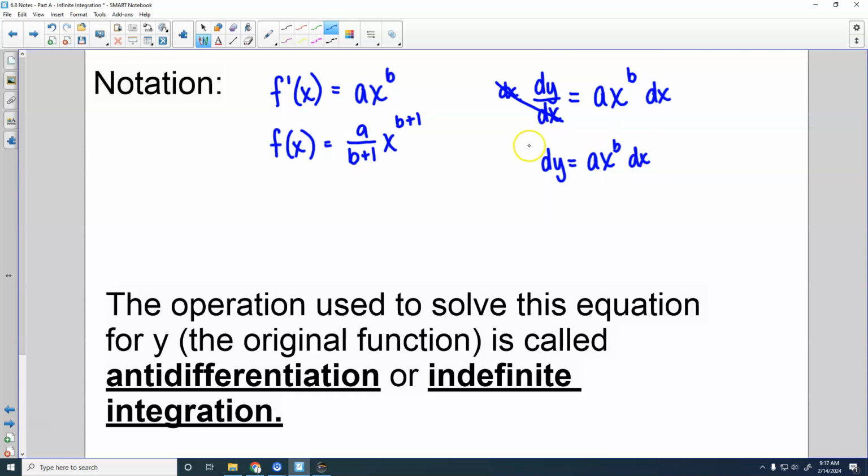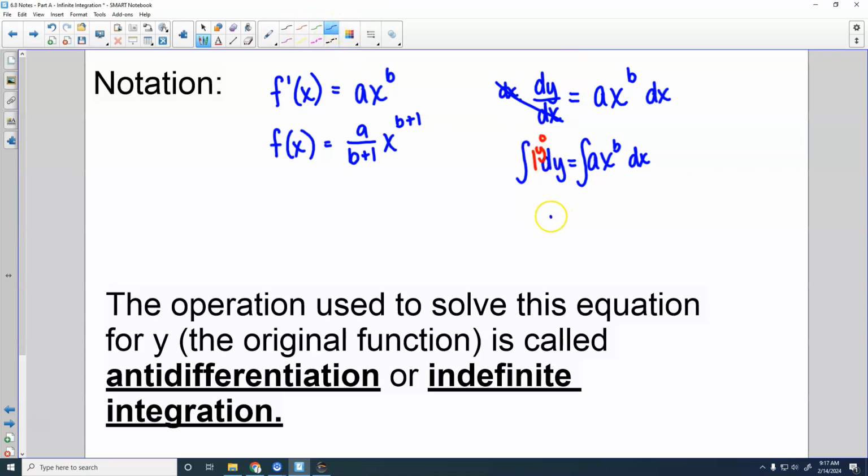And then what I would be doing is integrating both sides of that. And this dy doesn't have anything with it. It's like there's an invisible 1 right there. So we are integrating that left side with respect to y, which means right now it's like I've got 1y to the 0 power, right?